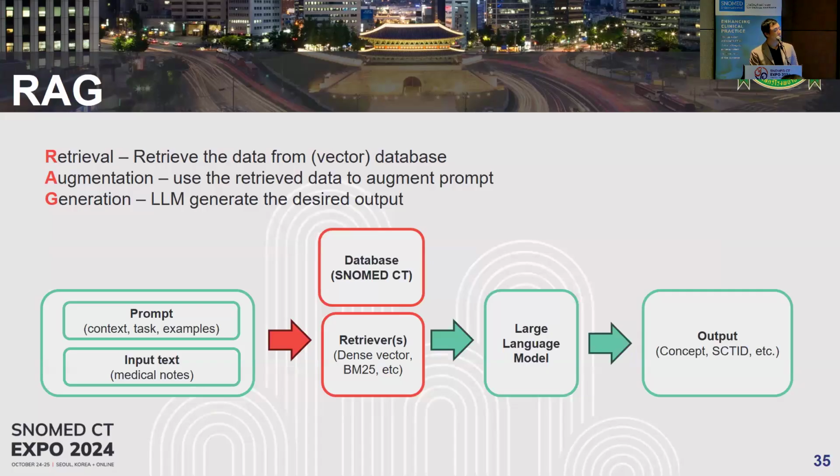In the workflow, we put an external database alongside the large language model, so it can retrieve information from the database, then augment the prompt and generate the answer that we desire.